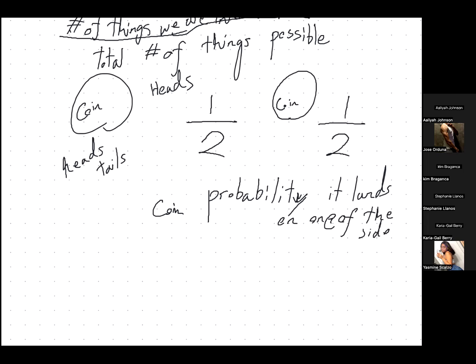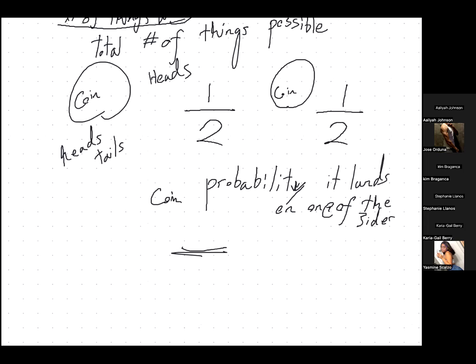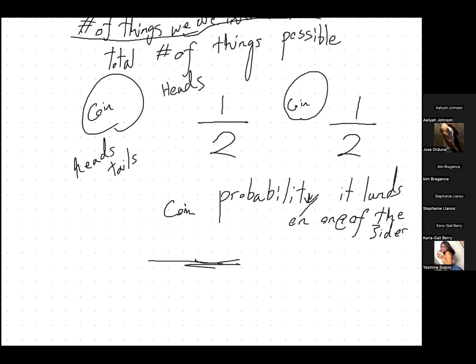Well, there are two sides, the two total sides, and we just want the probability it's going to land on one of those. So a head and a tail, 1, 2. There are two. So the probability is 2/2. The probability is 1, or we can say the probability is 100%.